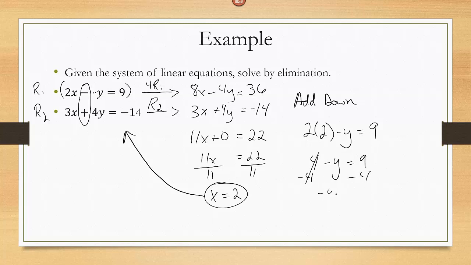So that leaves us with negative y equals 9 minus 4 is 5. Divide both sides by negative 1 to get rid of the negative. And so then y equals negative 5. So our official solution is put x and y in coordinate pair format, and we'll have 2, comma, negative 5 as our solution.